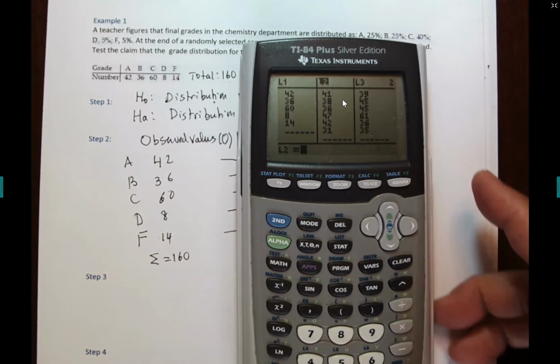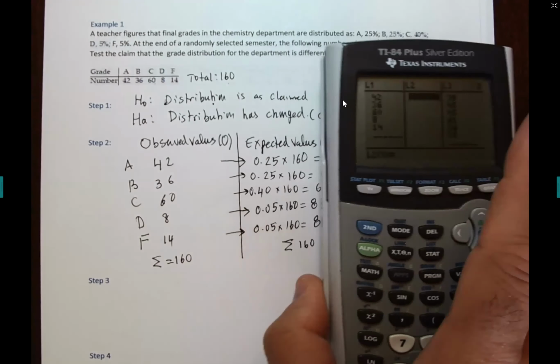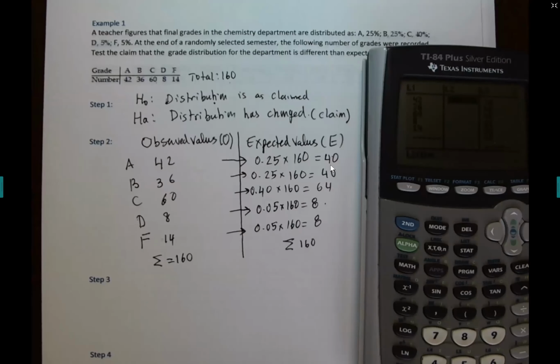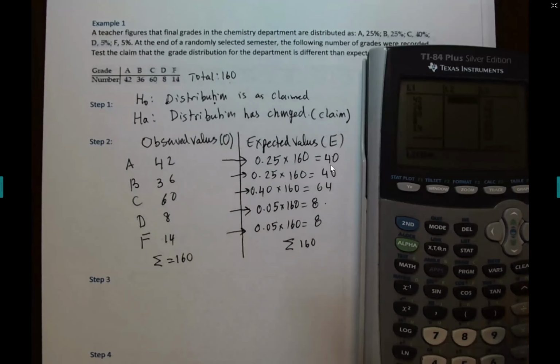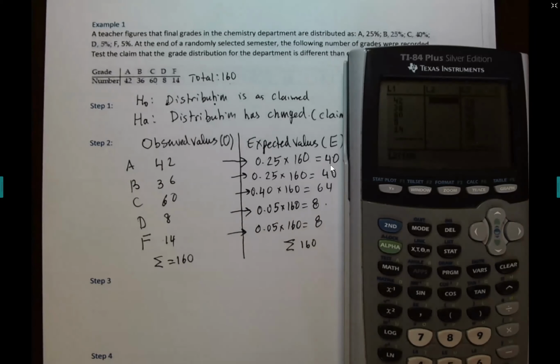Then, guys, you go to L2. I'm gonna clear it and enter the expected values, which, let me show you what the expected values are. I got 40, 40, then I got 64, then I got 8, and then 8.